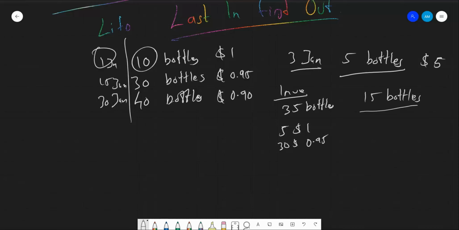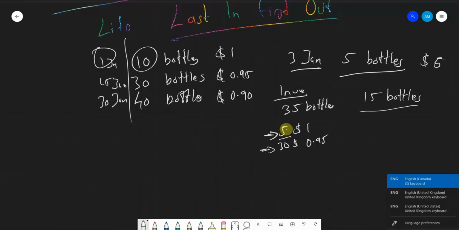Let's go first with the FIFO method, right? So if it was FIFO, we would look at the bottles that we had first in our warehouse. We would finish that inventory, which is these 5 bottles remaining from previous stock. We would sell these ones first, and then we would dip into the 30.